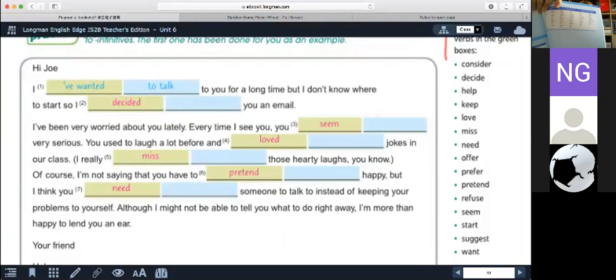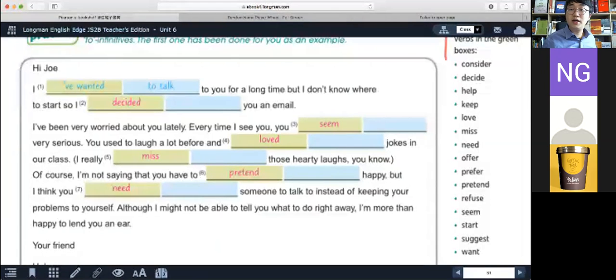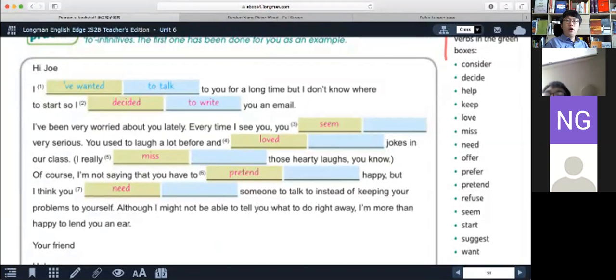Look at this table. So you can see that decide is in the column in the middle. To infinitive, yes. We have to use to infinitive. So here, I will say to write. To write, yes. But not writing.